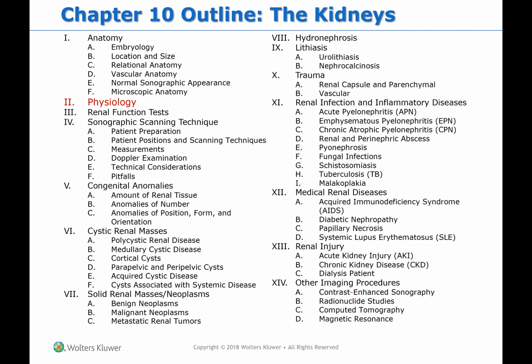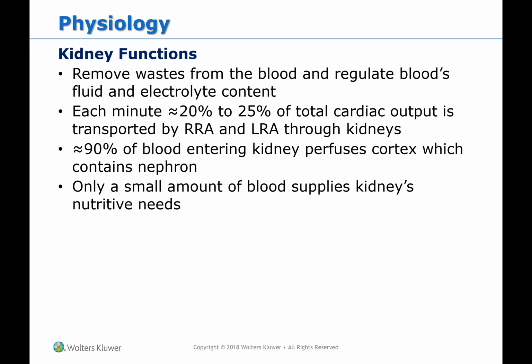All right, we're going to talk a little bit about physiology now. So what does the kidney do? It removes waste from the blood and regulates blood's fluid and electrolyte content. That's very important. Each minute, 20 to 25% of the total cardiac output is transported through the right and left renal arteries to the kidneys, which is crazy.